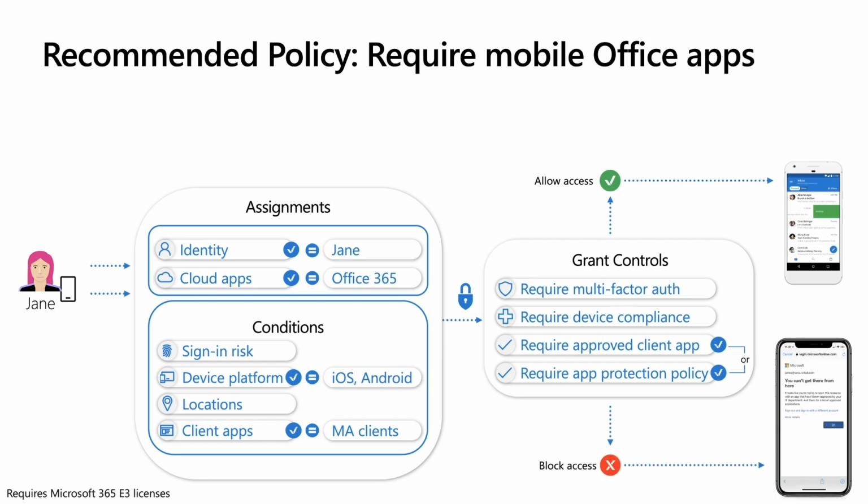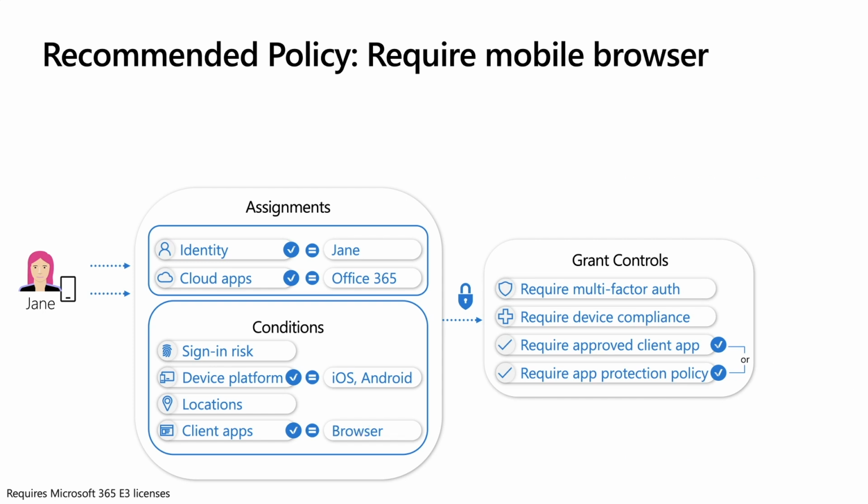However, if Jane were to attempt to use a modern authentication capable mail client on her mobile device like iOS Mail, Jane will be blocked because that mobile client does not support app protection policies. And therefore, Jane is blocked. And Azure Active Directory indicates to Jane she's blocked because she's not using an approved app.